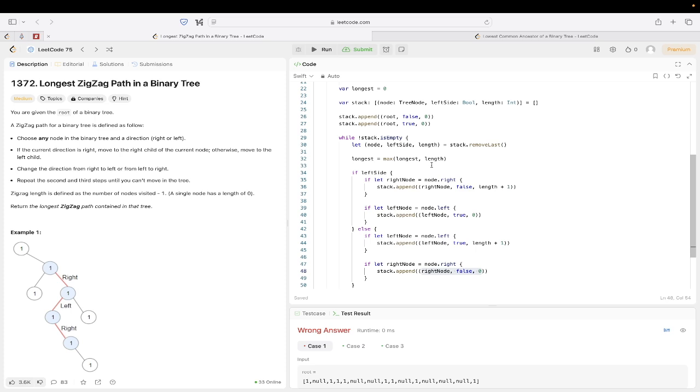If right child, get node right, stack append for our right node left, and then we increase it by 1.